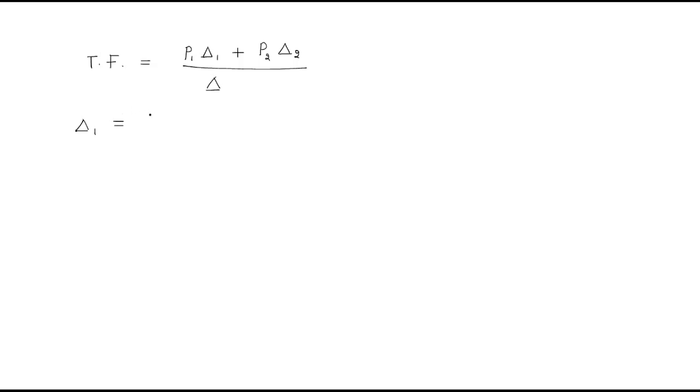Del 1 is simply del with the gain of loops non-touching to forward path 1, non-touching to P1. Del 2 is the same, gain of loops non-touching to forward path 2.